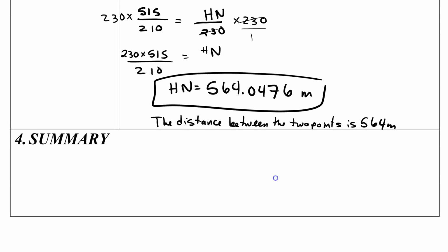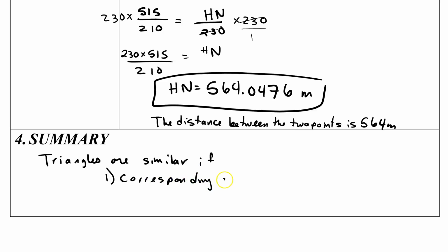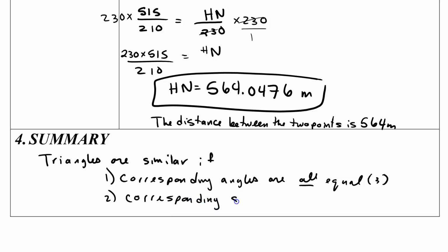So in summary, triangles are similar if one, corresponding angles are all equal, so all three, and two, corresponding sides are proportional.